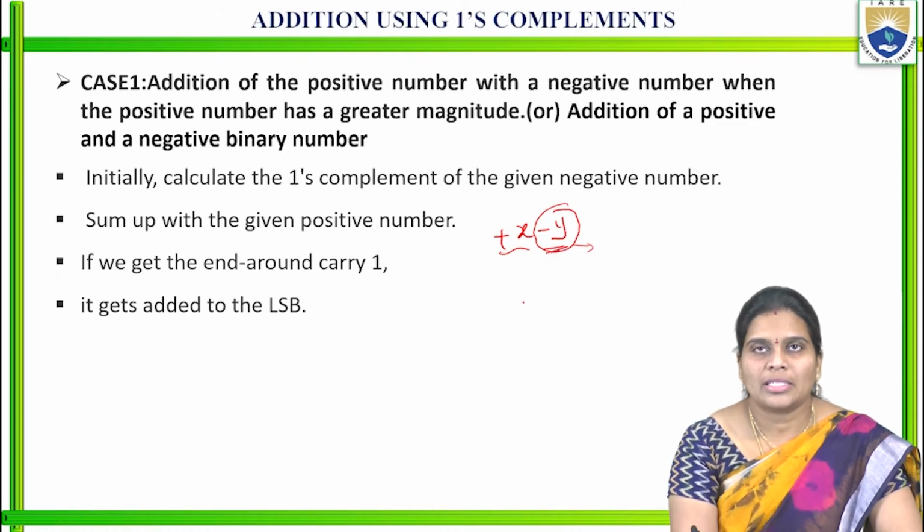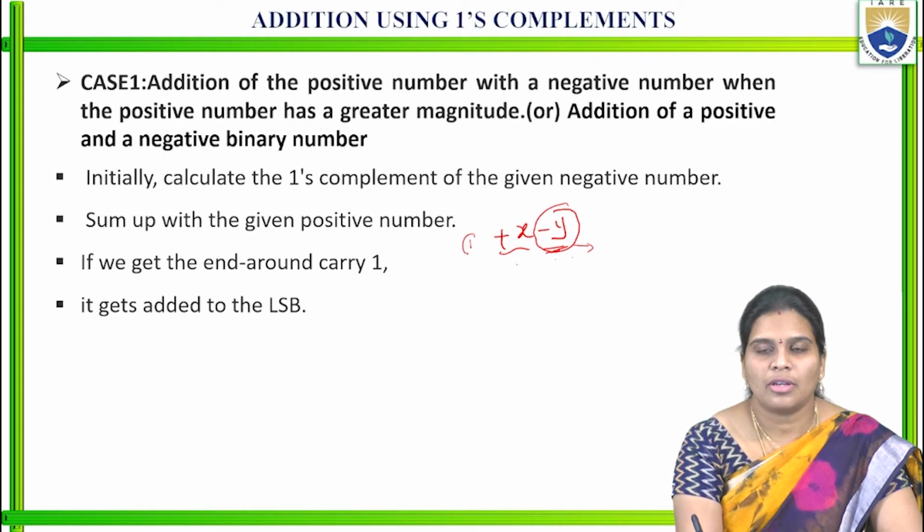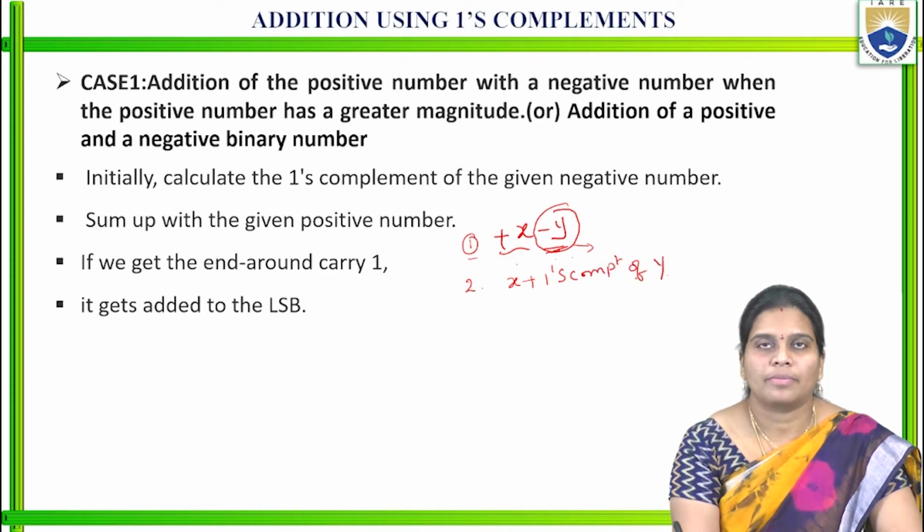Okay, so next, whatever the value we are getting, adding of these two values, x plus ones complement of y. So in this is the first point. So we are applying the ones complement of this negative number. In the second one, apply the sum of this x plus ones complement of y.